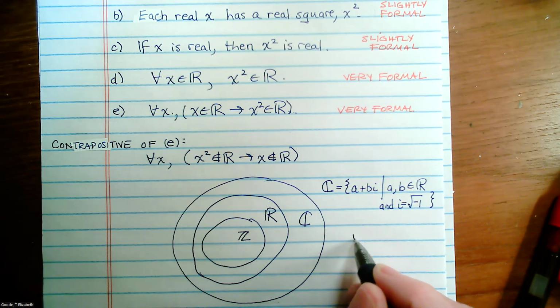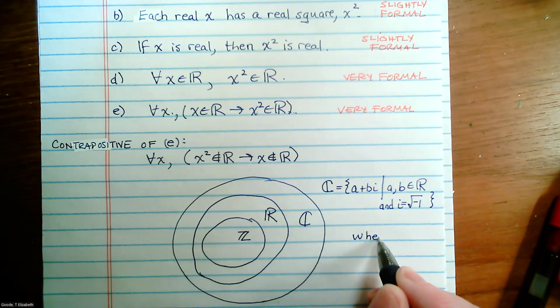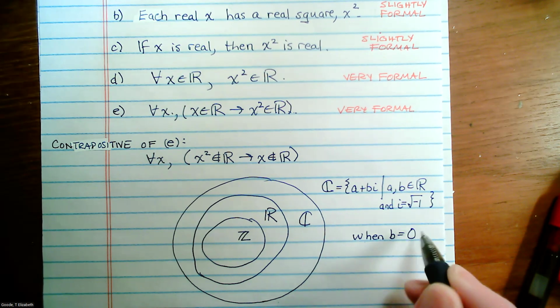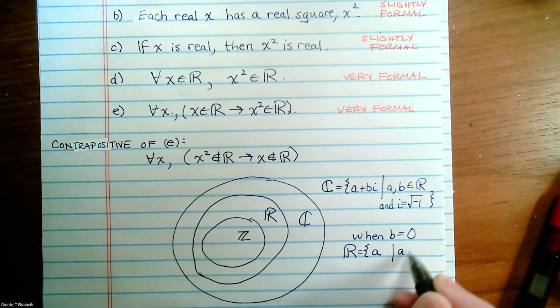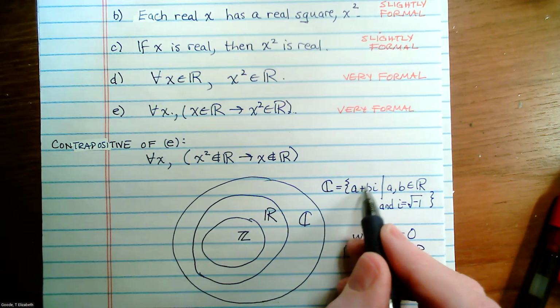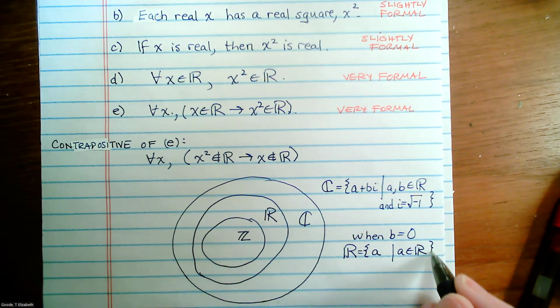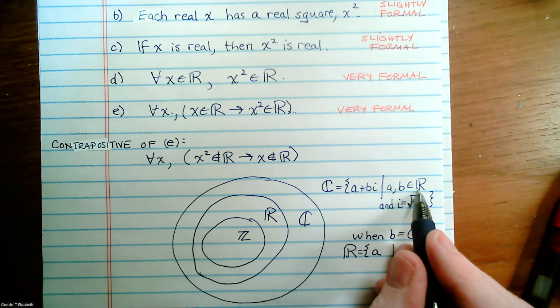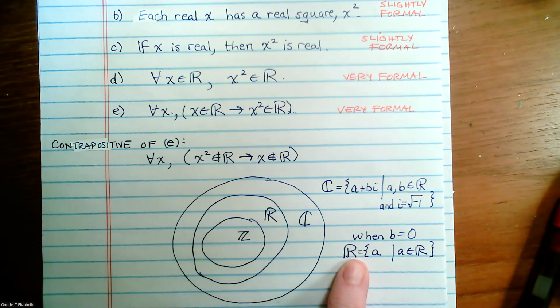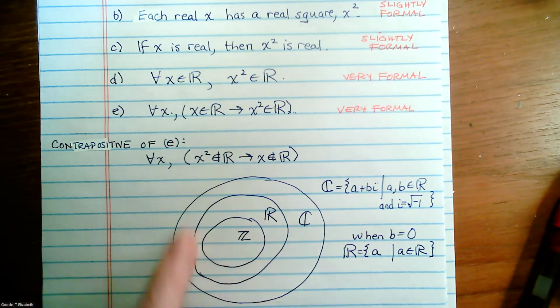Now, when you let the B equal 0, then we get the reals, which is just A, such that A is in the reals, because this component, called the imaginary component, disappears when this coefficient, B, is chosen to be 0. So every real number is a complex number. All the reals live inside the complex numbers, right?